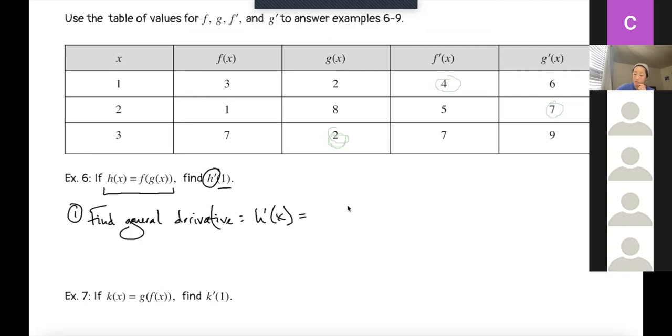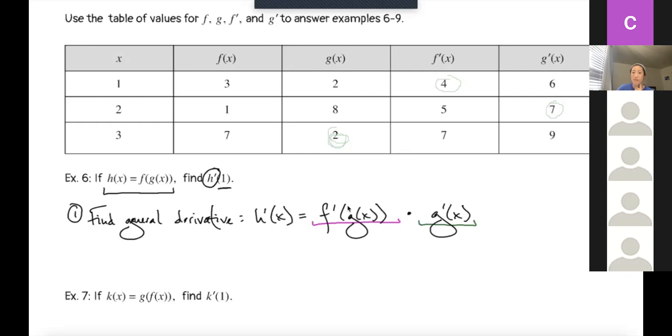In other words, what is our outside derivative, and our inside? Exactly. We've got f prime of g of x times g prime of x.